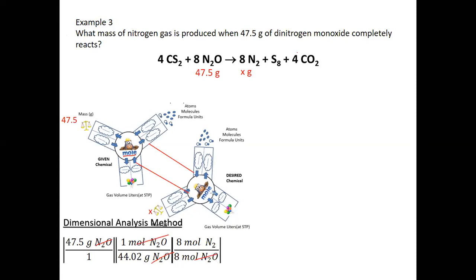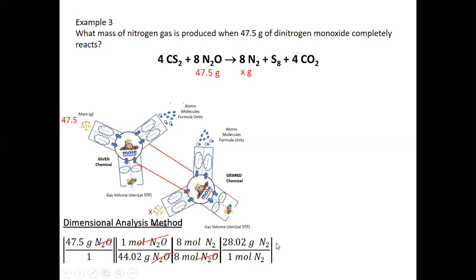So we would now be right here in this position on our map. That's going to allow us to think about what we need to do in our last step. It asks about a mass, not a mole amount. We just simply now have to realize what we do to take a mole amount and make it a mass. Well, we apply the molar mass of any chemical to do that.